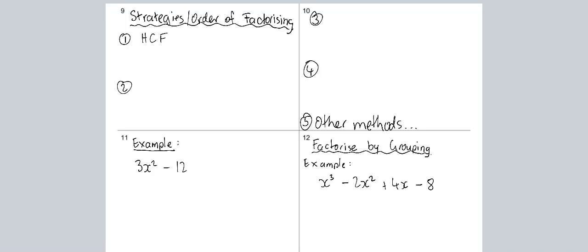So an example of that is 3x plus 12. That would be 3 outside of x plus 4. I'm assuming you know how to do that, but I'm just giving you a basic illustration of what I mean by HCF. So take out the common factor of 3, and you're left with x plus 4 on the inside of the brackets. Be okay with that?